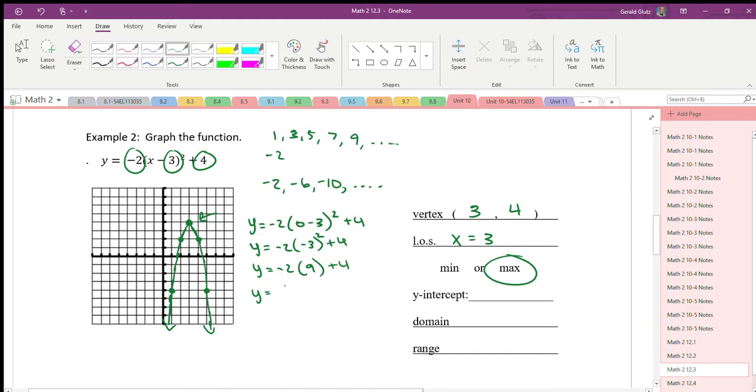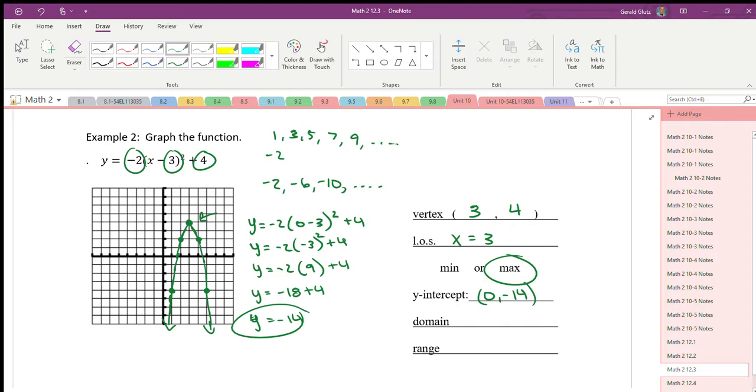And then -2 times 9 is -18. Plus 4 would be -14. So our y-intercept is (0, -14). So remember, y-intercept always has x equals 0.